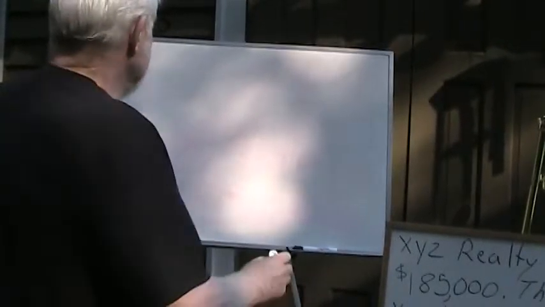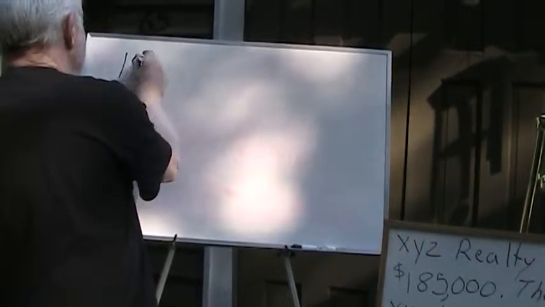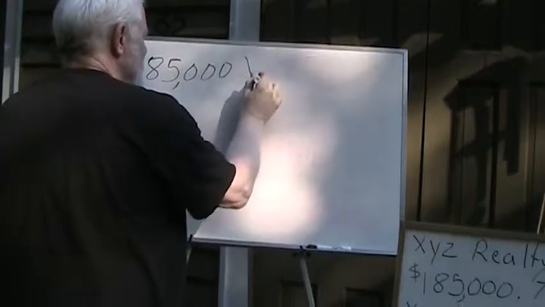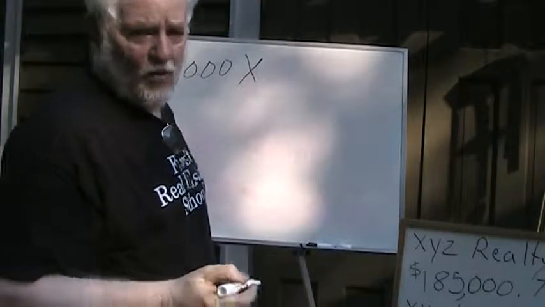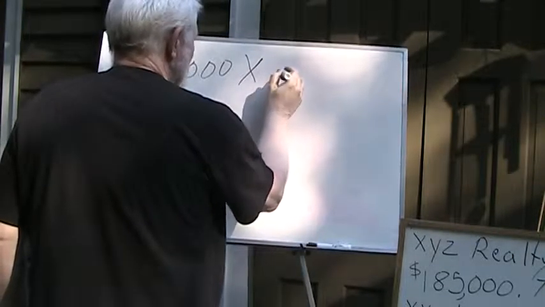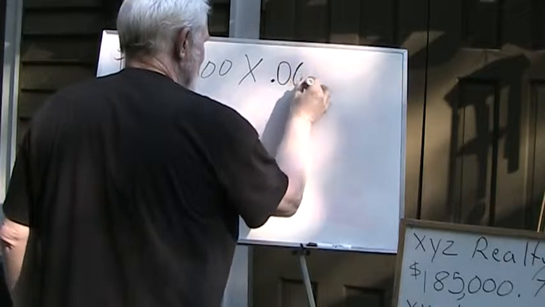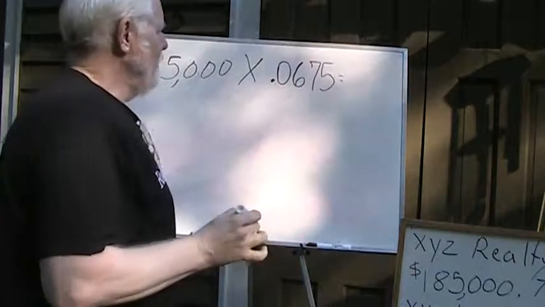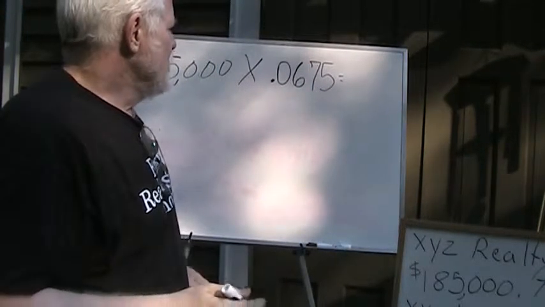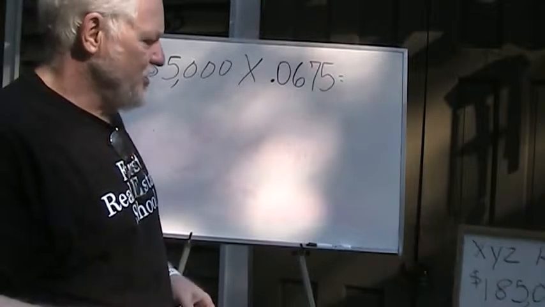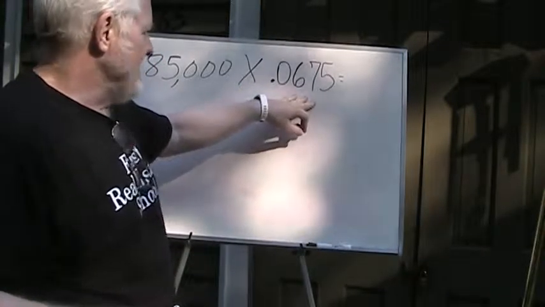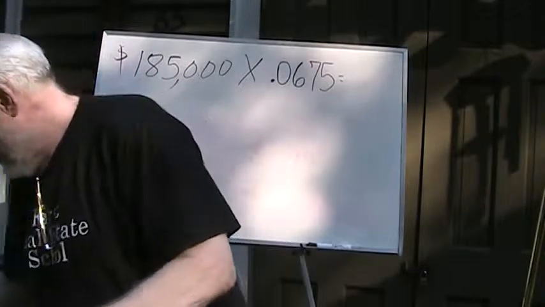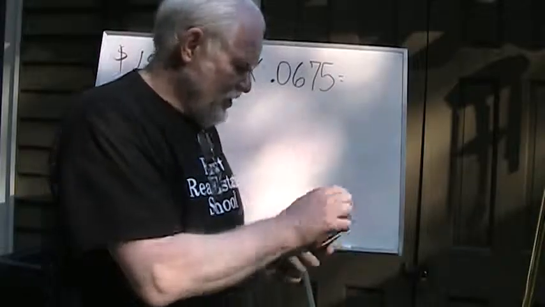XYZ Realty has listed the home for $185,000. That's the price of the house. And the commission is 6 3/4%, which is 0.0675. So that is the commission rate times the price. I've got my calculator right here, and I want you to do this with me.